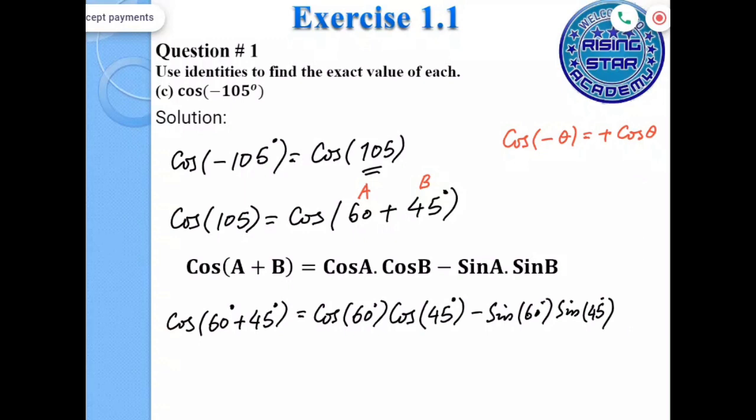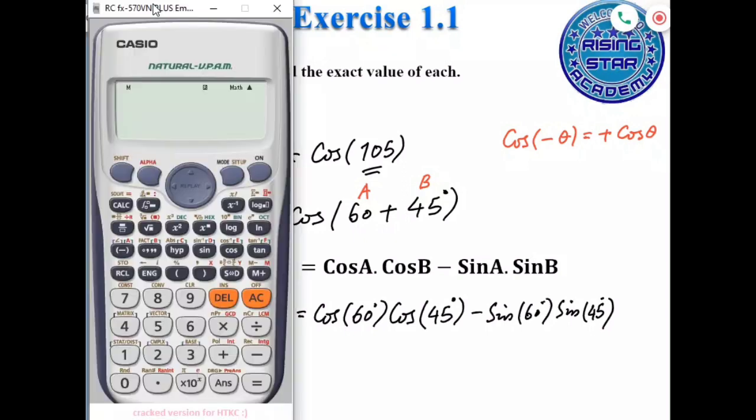Now I would use the calculator to simplify the results. So cos 60 would become 1 over 2. We will check the value of cos 45. So that is square root 2 over 2.